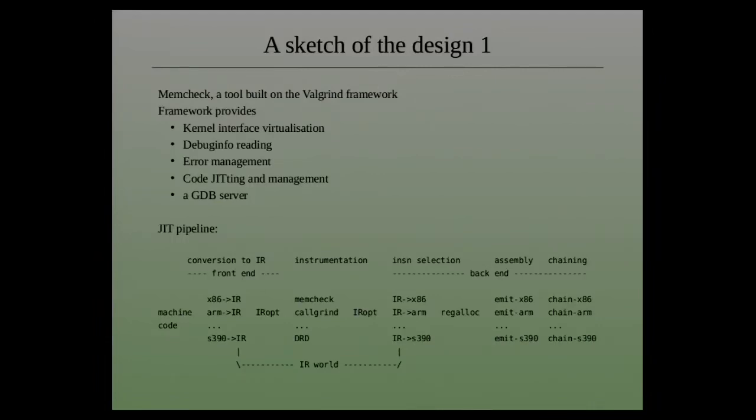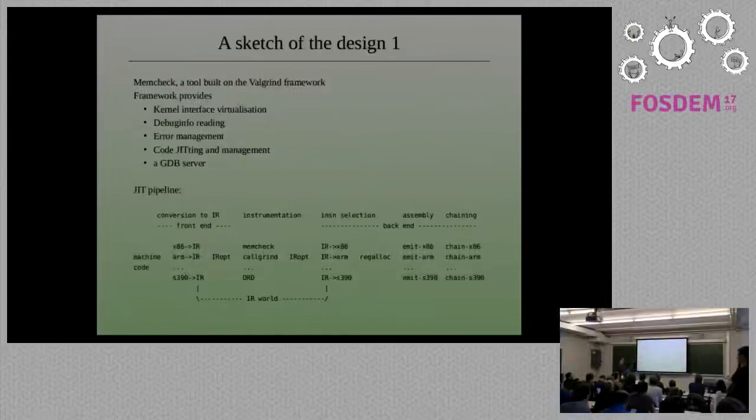I wanted to give a quick sketch of the design, but I'm not sure this is convenient. I'll speak really quickly. The system is separated into a core which does a whole bunch of complex stuff, including jitting. And then we have this jitting pipeline, which is a simple compiler.